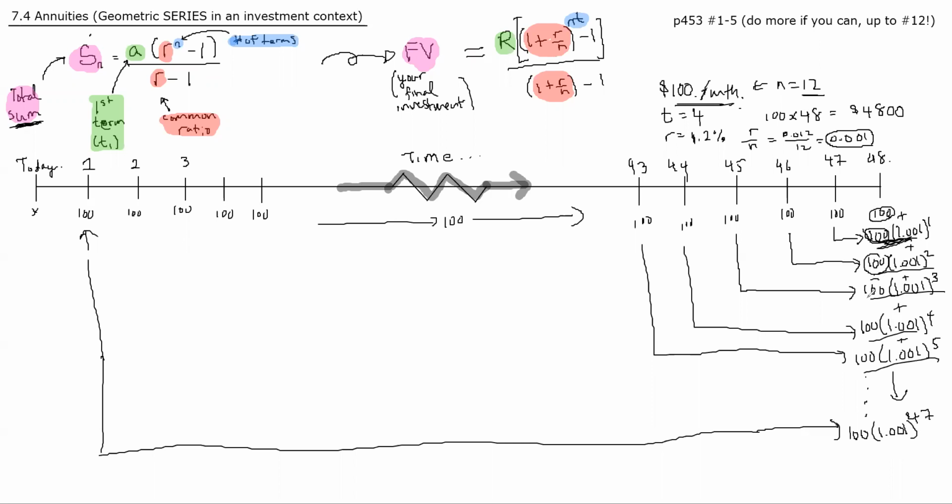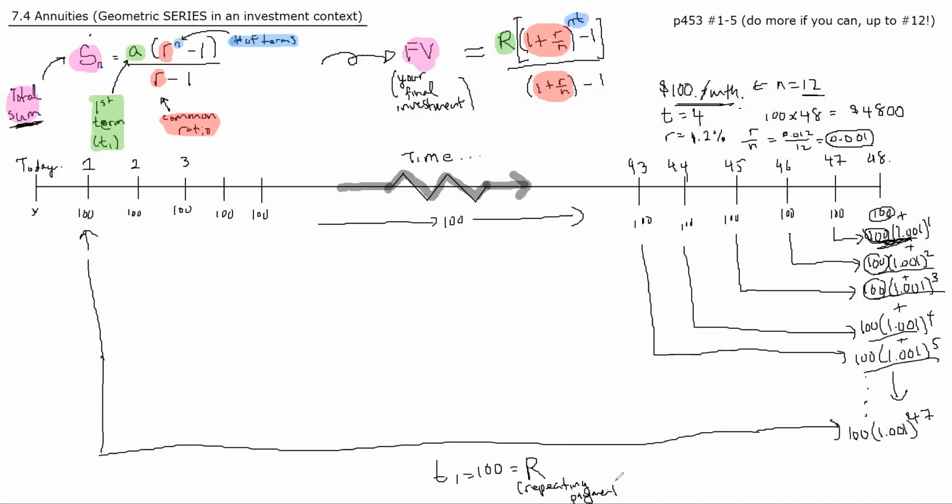What is term 1 of this geometric series? Term 1 is 100. That coincides with how much I put in every single compound period. Okay? It corresponds with big R, repeating payment.